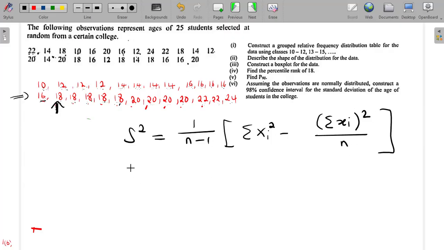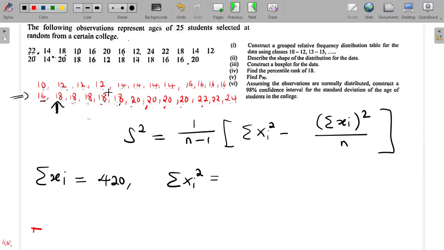So we need the summation of the xi's first, and then the summation of the xi squared. The summation of the xi's we already found when constructing the box plot: 420. What is remaining is the summation of the xi squared. So you square this plus square that, just like that. Let's do that.